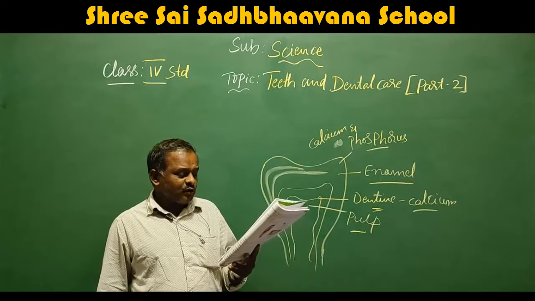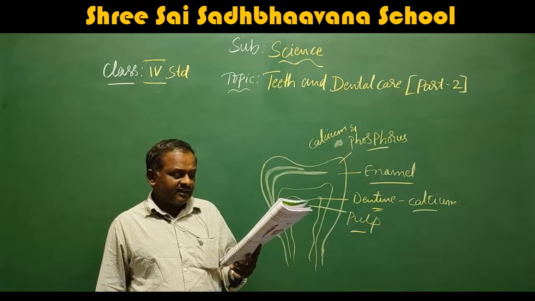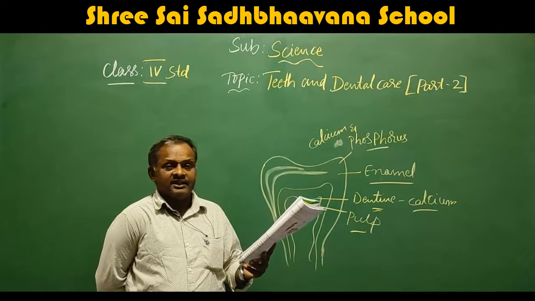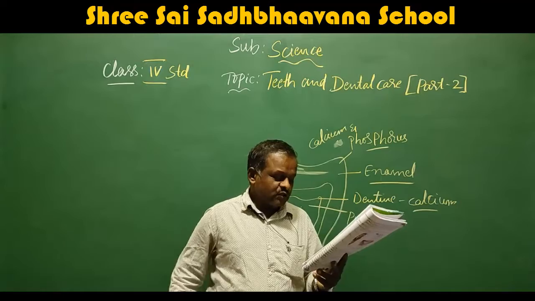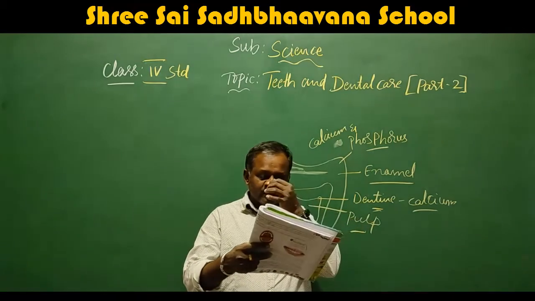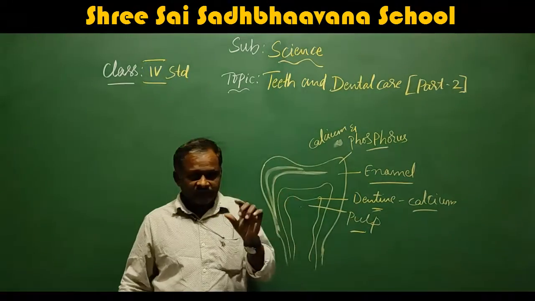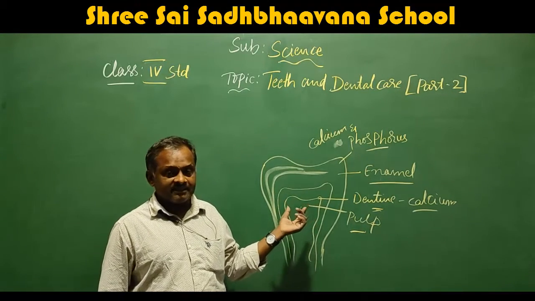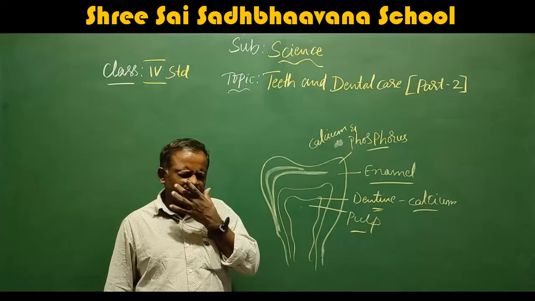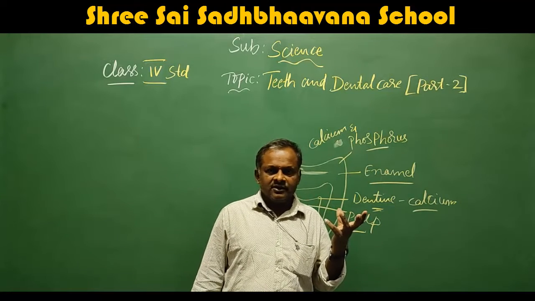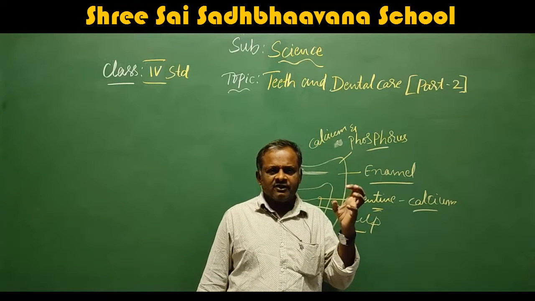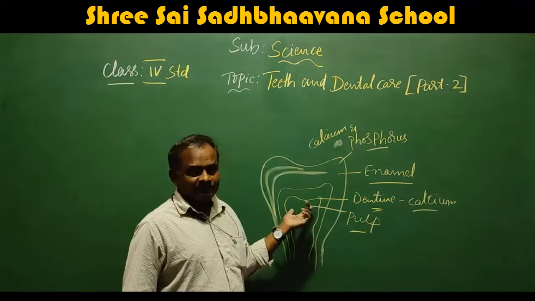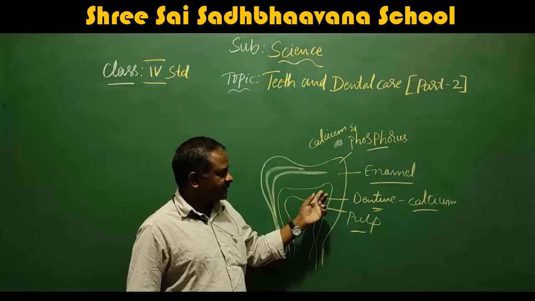When you bite a cold scoop of ice cream, fall or hurt a tooth, or get a cavity, it is the pulp that hurts. That feeling of cold is felt by the pulp, not by the enamel or the dentine.